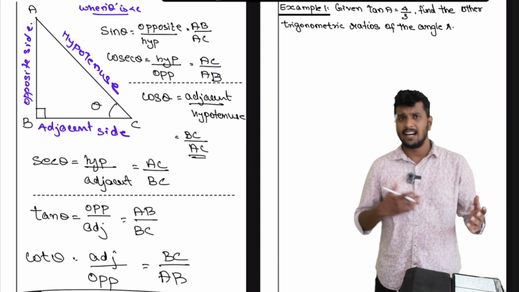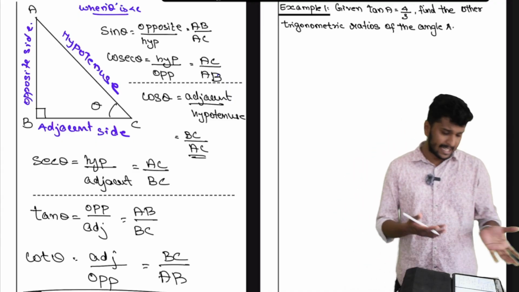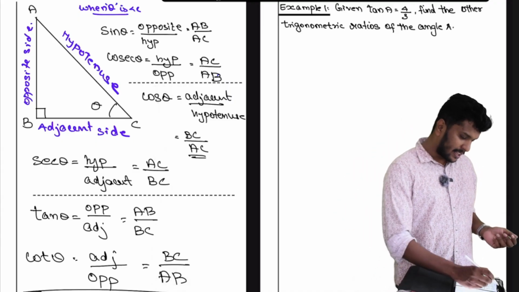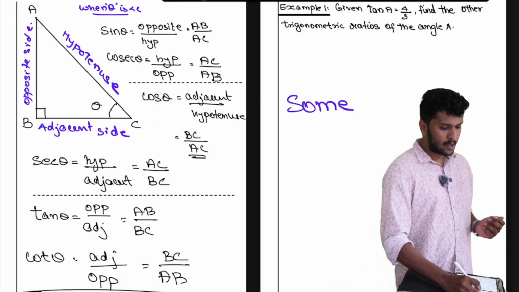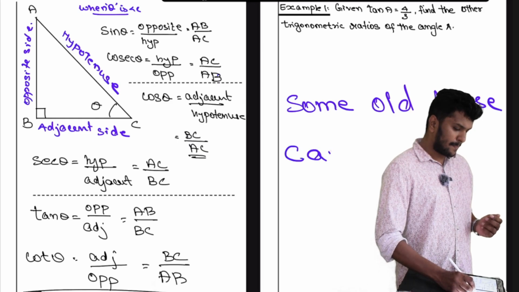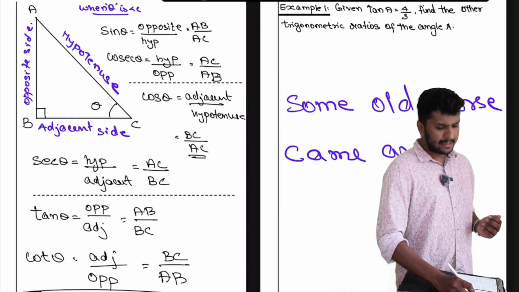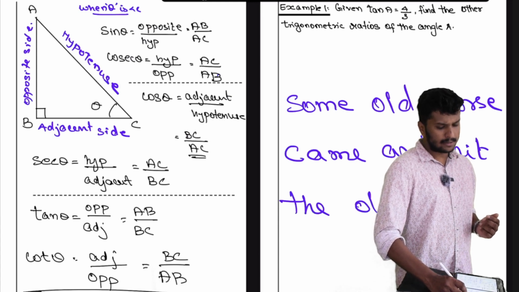We have some basic mnemonics to learn this. If you want, I can write that also. I'll write it on the right side. Some old horse came and hit the old aunt.